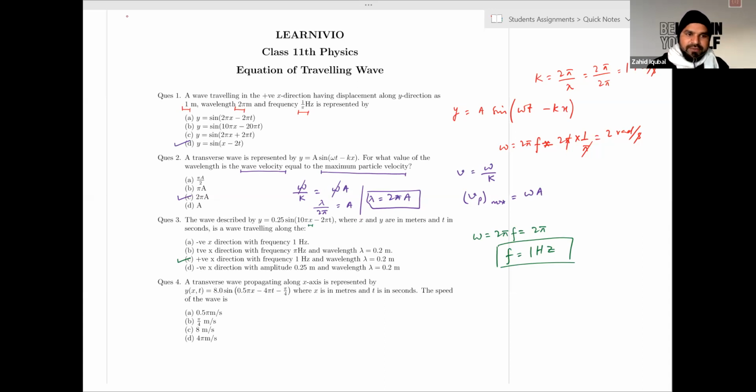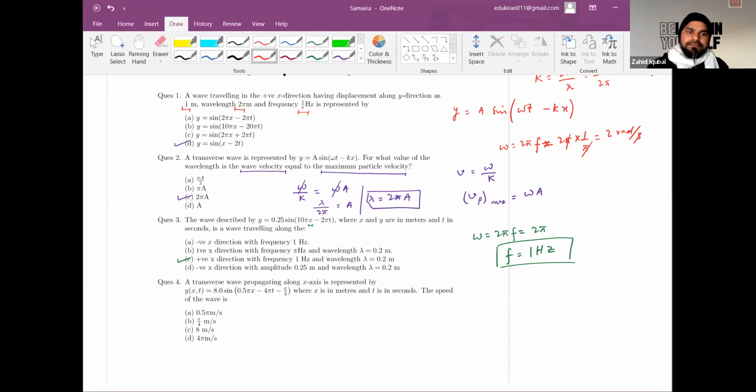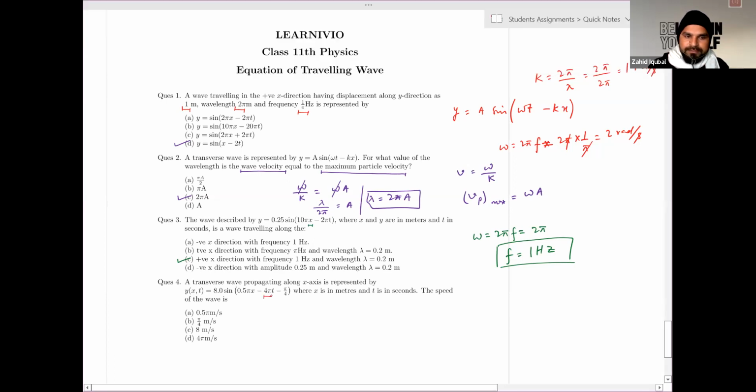So in the last question, we have y equals 8.0 sin of this, where the speed of the wave is asked. How to calculate the speed of the wave? Just calculate omega, which is the coefficient of t, 4 pi. So omega equals 4 pi, and the coefficient of x is 0.5 pi, that is k.